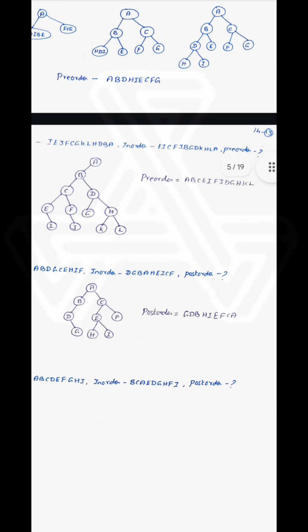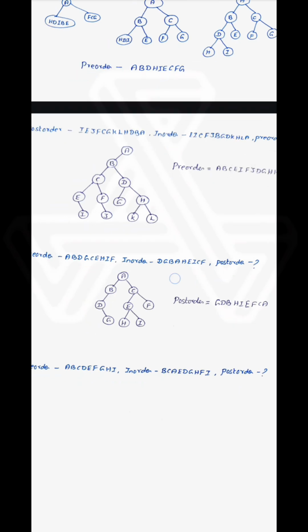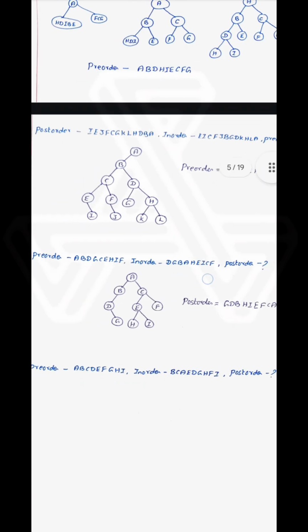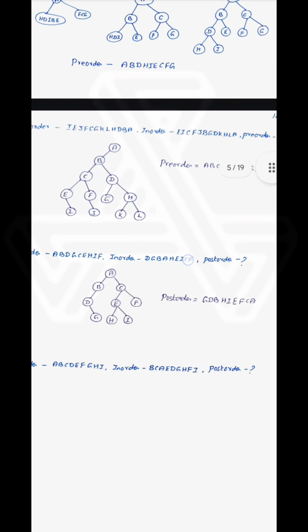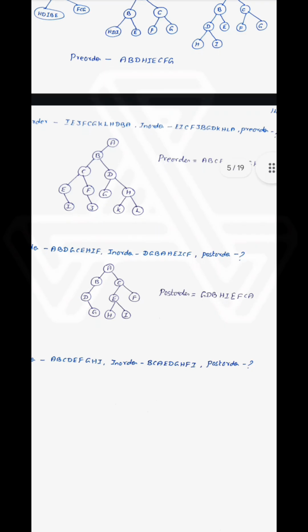In order as well, everything is on the left side of A, so there is no right tree for A. Then after A we'll be finding B from last, so B will be the next node, and for B there are E, I, C, F, J and G, D, K, H, L on the right, so we are considering that. Then after B there is D, and where is D? It is at the right side of B, so we are considering D at that side.